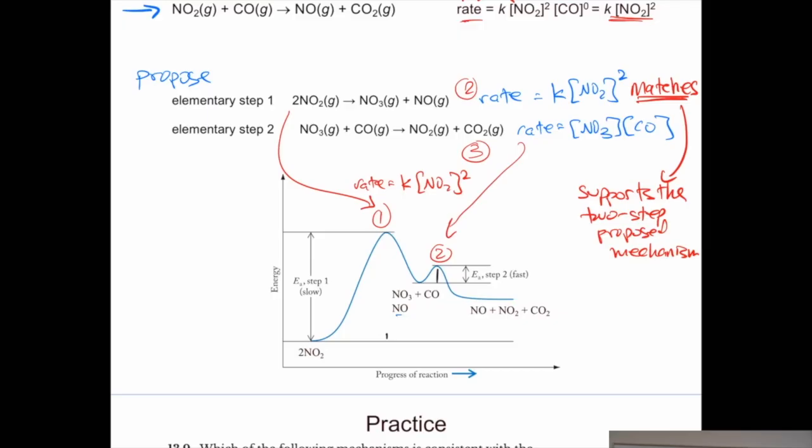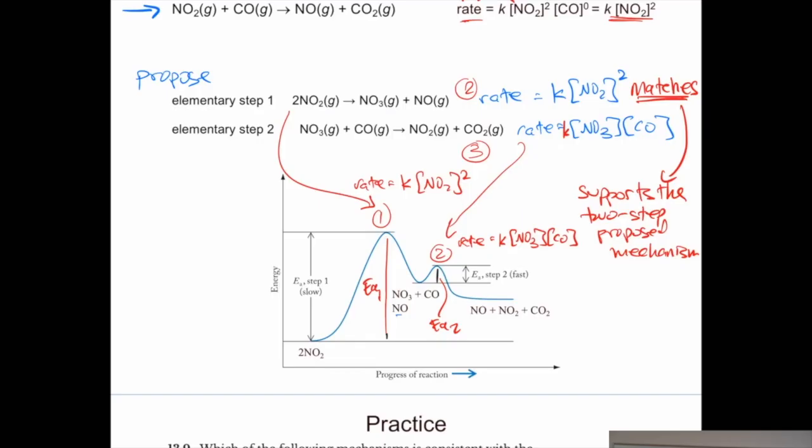Step 2 has the rate law, sorry, I meant to put a K here, K NO3 to the first power, CO to the first power. And what can we say about the activation energies here? Here's the activation energy for step 1, and here's the activation energy for step 2. Which one has the higher activation energy?